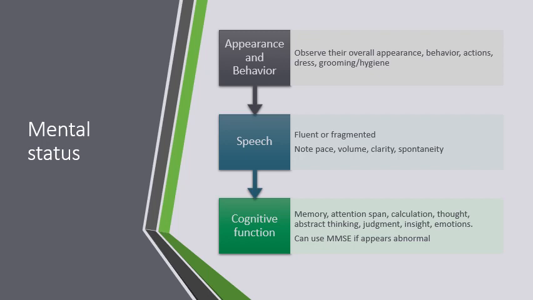Sometimes we ask them questions like, what does it mean that you can't teach an old dog new tricks? And a person who has very concrete thinking will say, oh, that just means an old dog is too old to learn something new. But a person who does not have concrete thinking, which is normal, will be able to explain what that means in terms of why we say that saying.